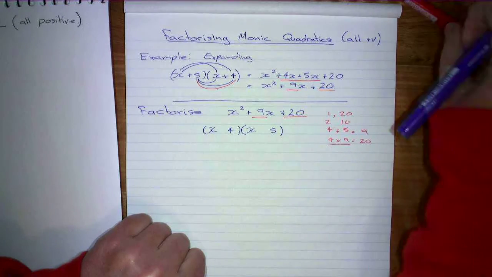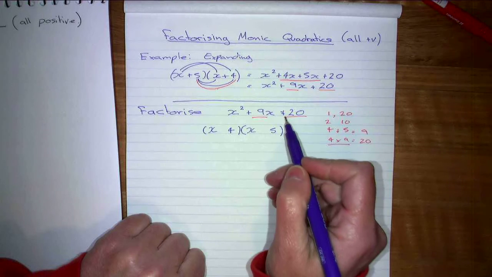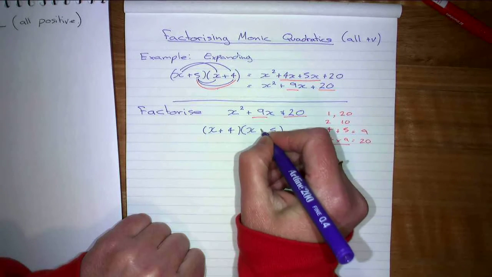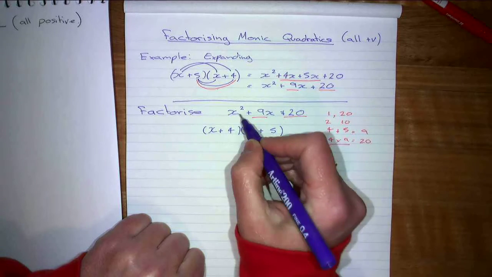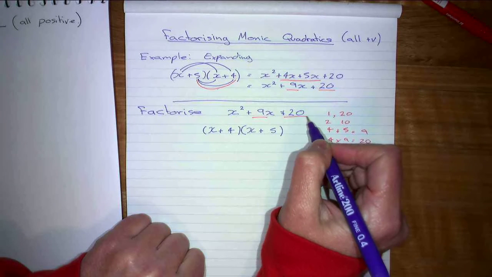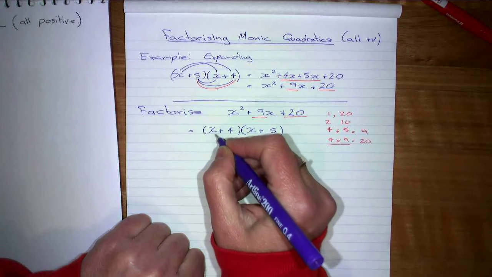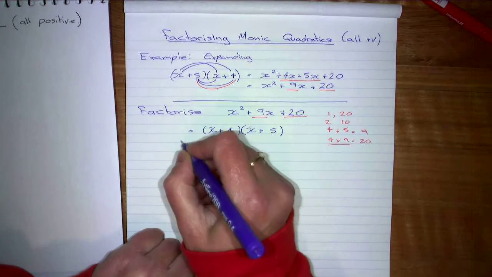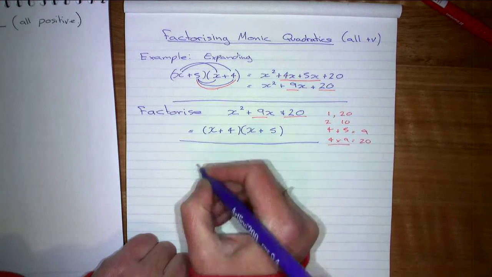And because all of our signs are positive in our brackets, we put positive. So to factorise this, x squared plus 9x plus 20, that equals, in brackets, x plus 4 times x plus 5.